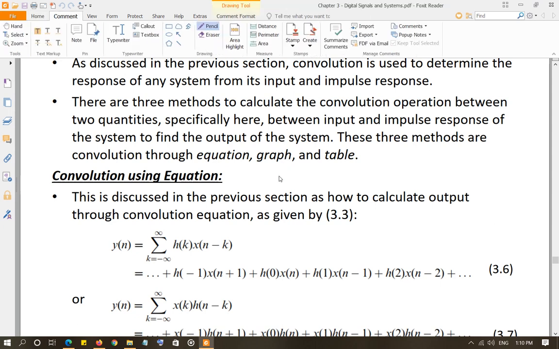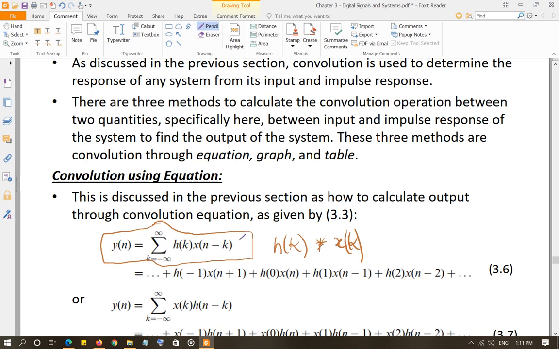The convolution formula is given by this equation: h of k convolved with x of k is an infinite summation of h of k and x of n minus k to calculate the corresponding y of n.